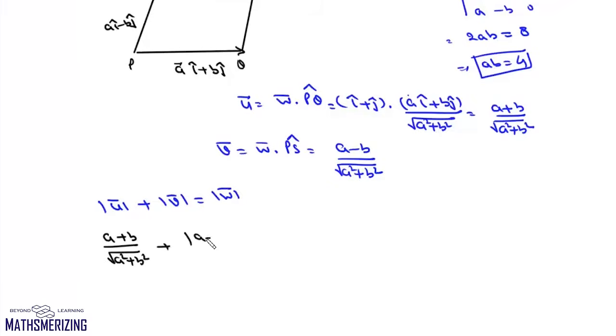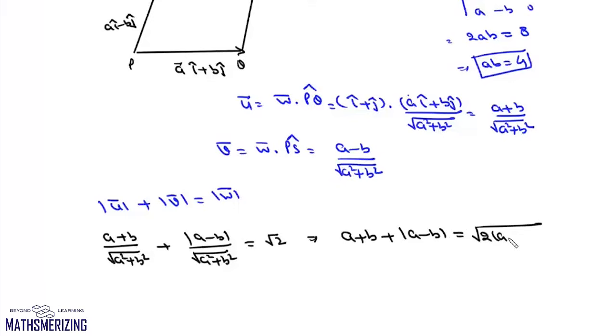Mod of V is mod of A minus B upon under root of A square plus B square, and then mod of W is simply root 2. So from here we can write A plus B plus mod A minus B will be equal to under root of 2 into A square plus B square.